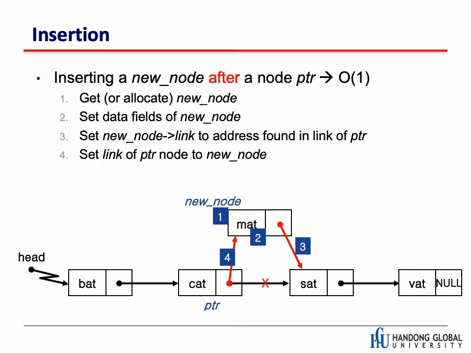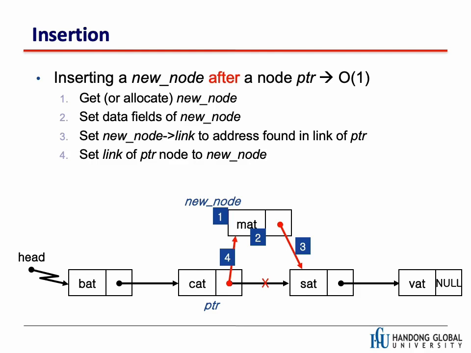The other nodes are the same as before, so we don't touch them. If we have 1000 nodes in the linked list, we don't change the other nodes. We just touch this cat node link. That's the beauty of this linked list.